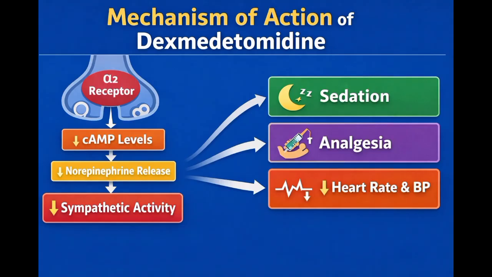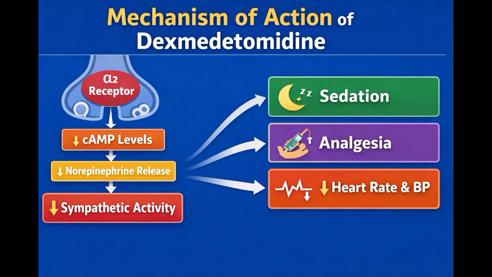Then location number three is the presynaptic sympathetic neurons. This is very, very important. Now, I know you guys have been trying to ask yourself what this receptor is doing on the presynaptic membrane. But very shortly, I'm going to tell you that when it is located here, it is going to regulate systemic norepinephrine release.